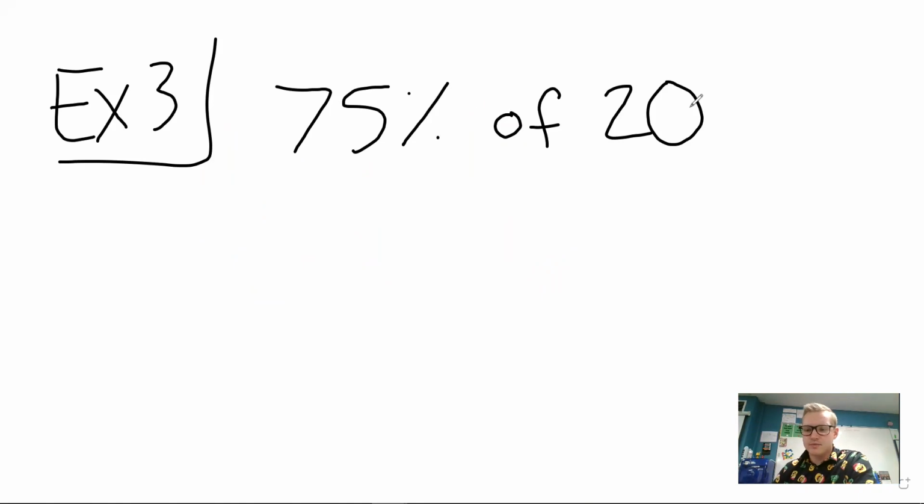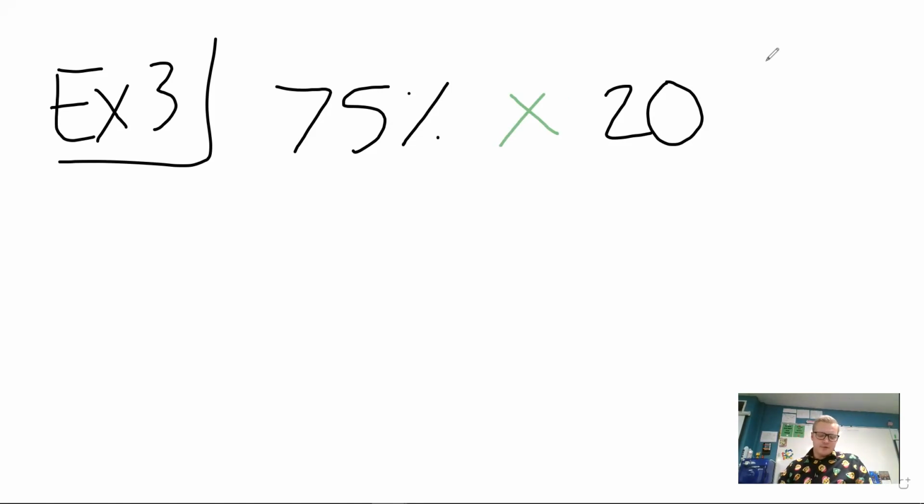In Google Classroom, you'll see that there is that math tools section, and I have this copied in there so you guys can use this. So that keyword of right there, anytime you're going to use 75% of 20, when you're replacing the word of, you're going to be doing multiplication. So to replace of, you're always going to be multiplying.